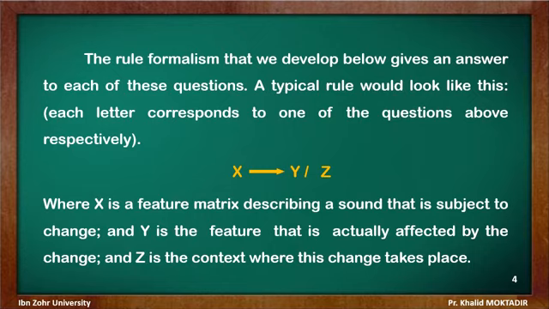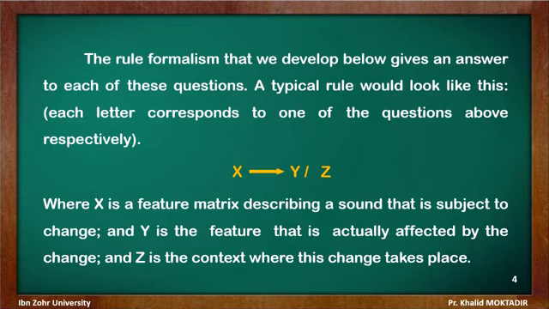Now, X, as we mentioned before, is a feature matrix representing a segment or a sound. And this sound is the one that is going to be subject to change. Y represents the feature that is actually affected by the change.